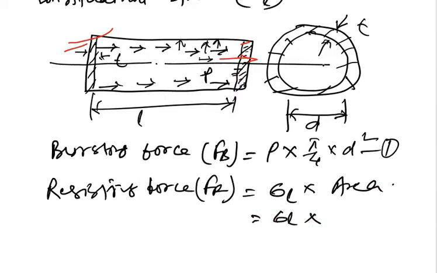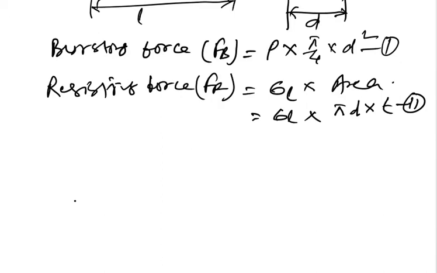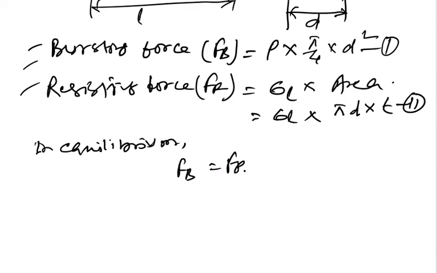Area of this circular part, the circumference pi d into thickness T, equation number 2. Now in equilibrium these forces will be equal. FB equal to FR.